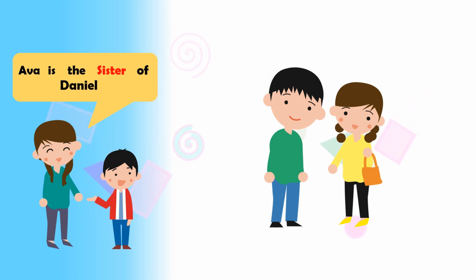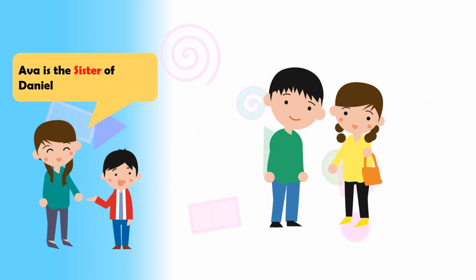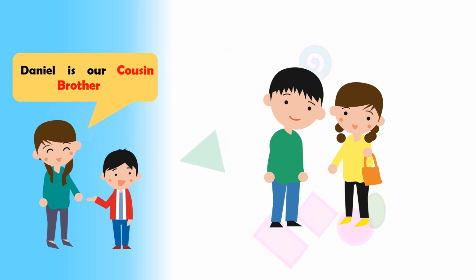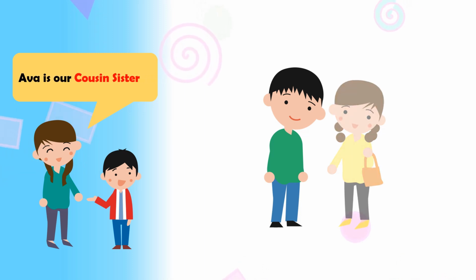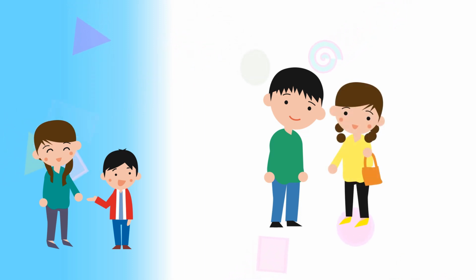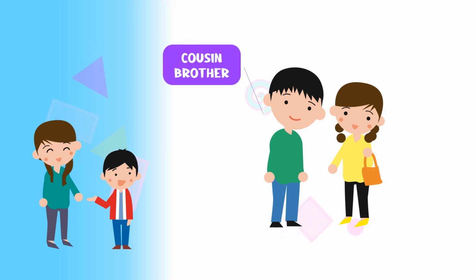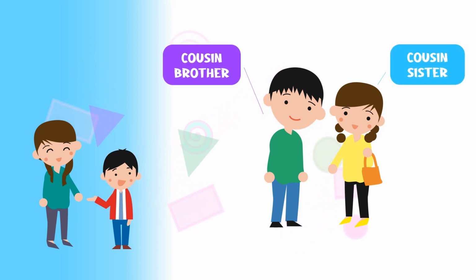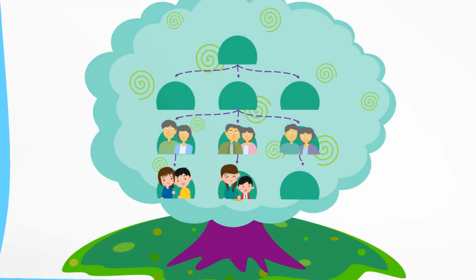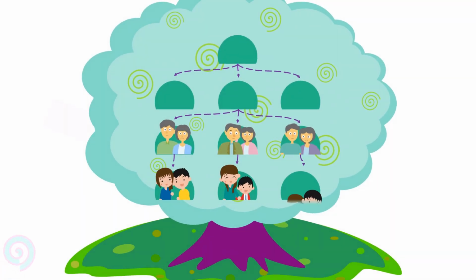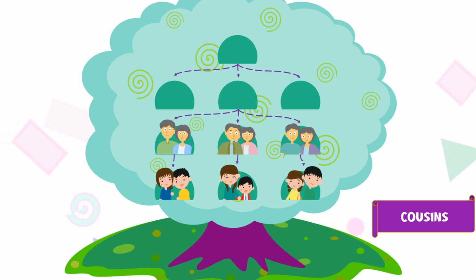Eva is the sister of Daniel. Daniel is our cousin brother. Eva is our cousin sister. They are our cousins.